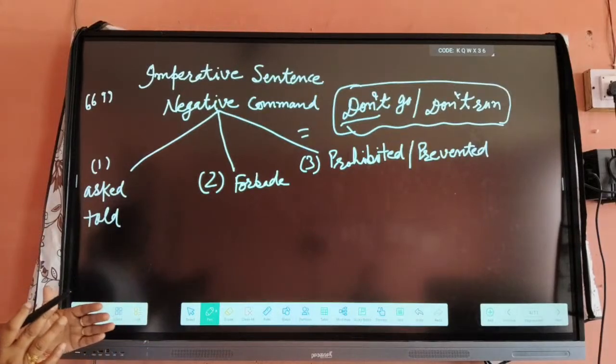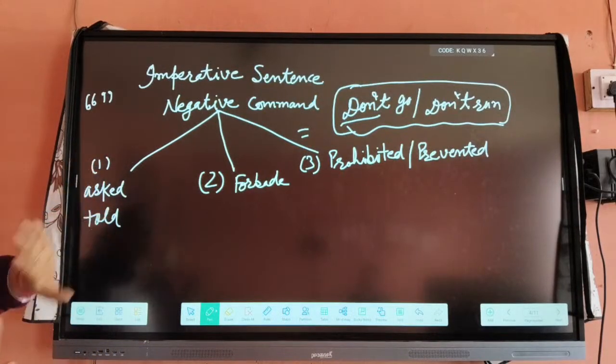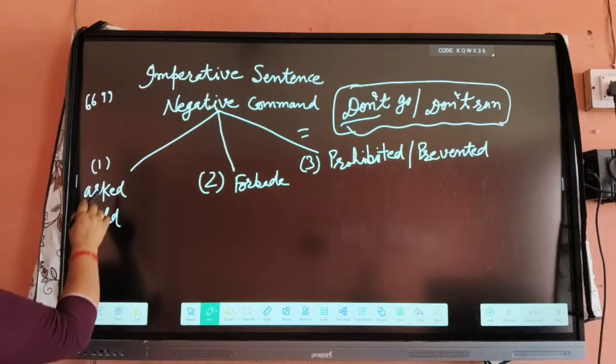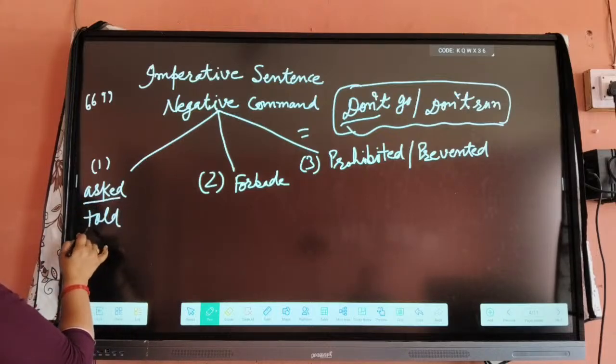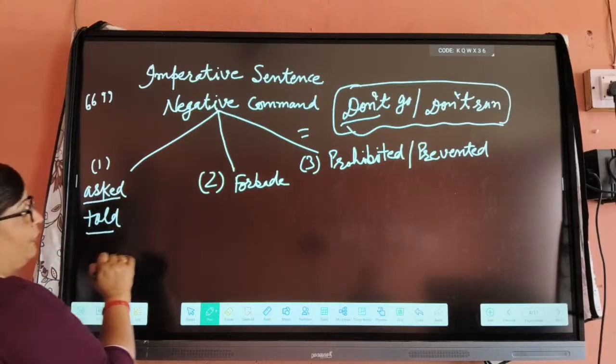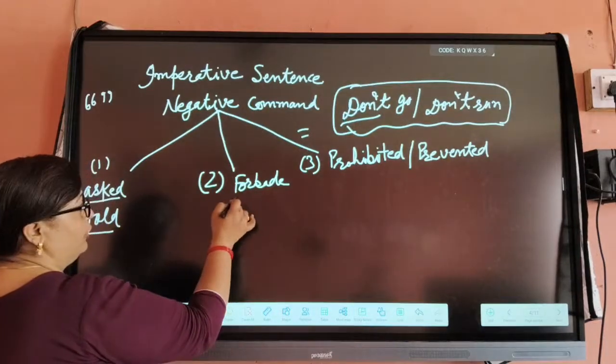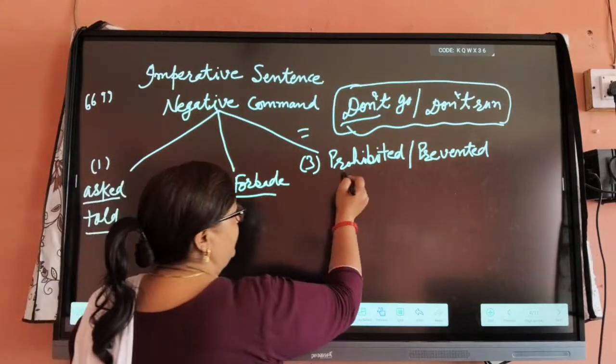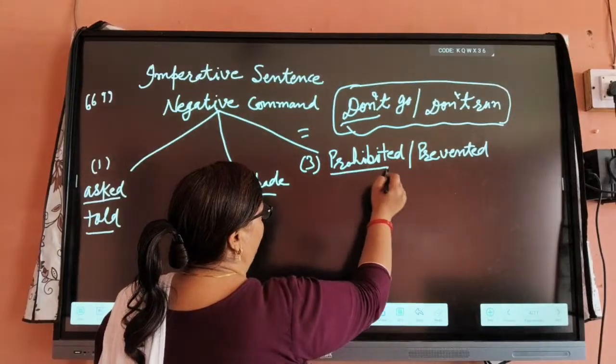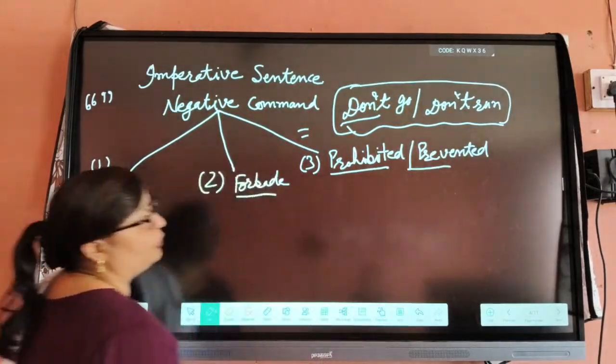And then when we change our said to, there are three ways. We can change our said to into asked or told. We can change our said to into forbade also. We can change our said to into prohibited or prevented also.